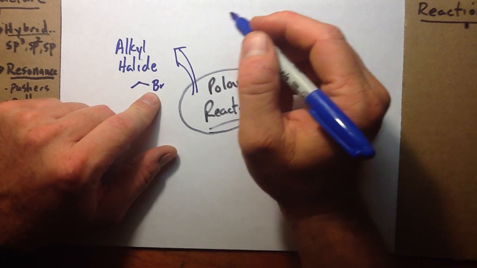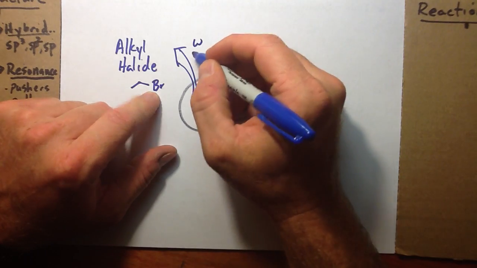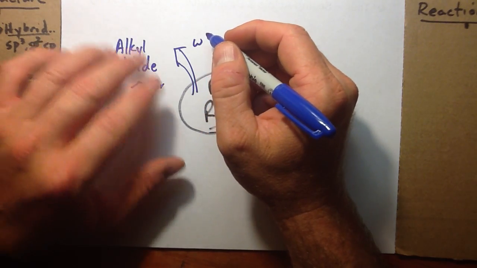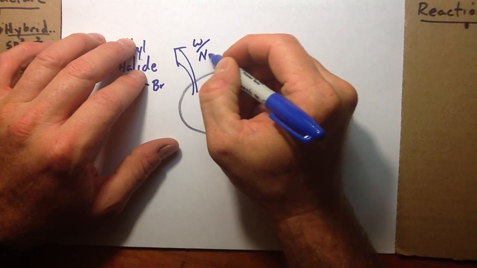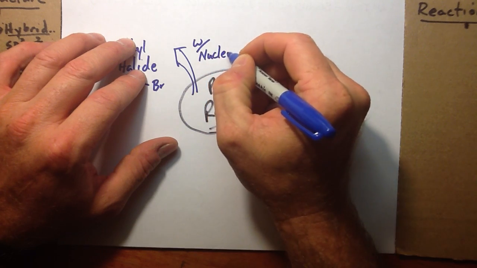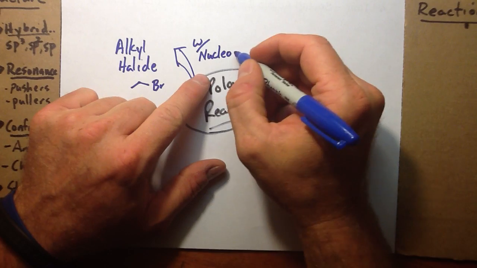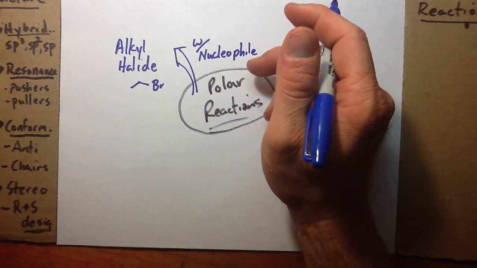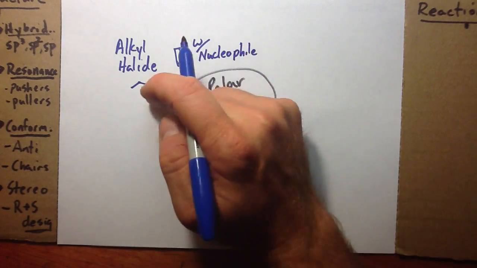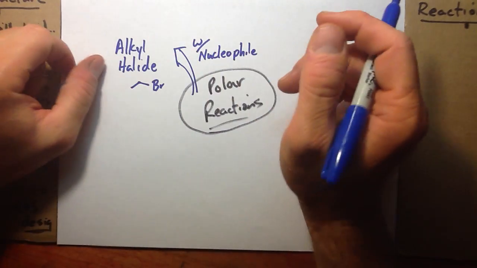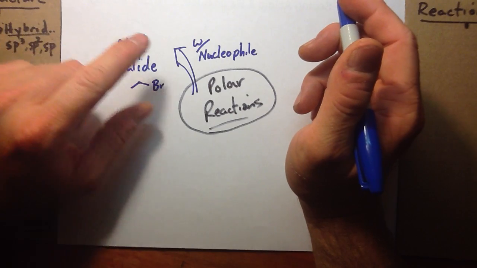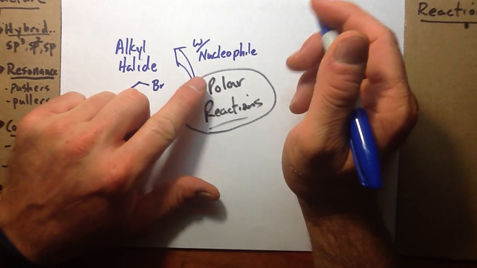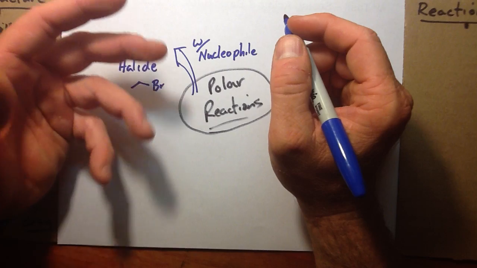When mixed with what? Well, what we're going to consider these mixing with to react is a nucleophile. Nucleo meaning nucleus, phile meaning lover. So something that's going to love on a nucleus attacks the alkyl halide or reacts with the alkyl halide. These nucleophiles love something that's positive.